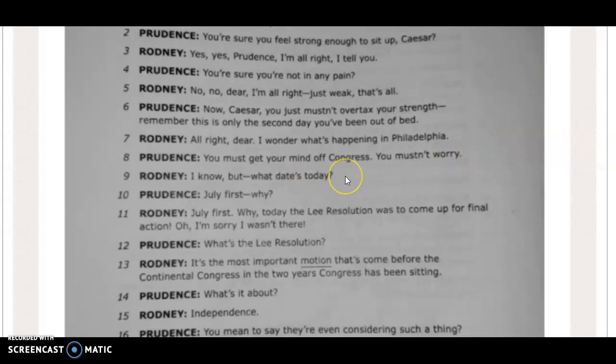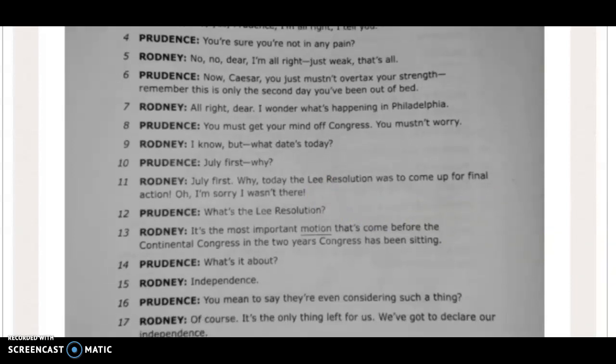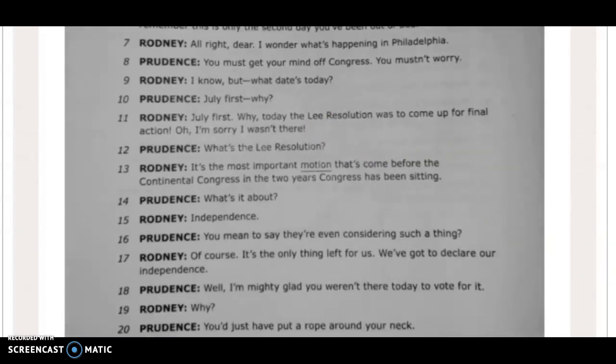"I know, but what date's today?" "July 1st. Why?" "July 1st? Why, today the Lee resolution was to come up for the final action." "Oh, I'm sorry I wasn't there." "What's the Lee resolution?" "It's the most important motion that's come before the Continental Congress in the 2 years Congress has been sitting." "Well, what's it about?"